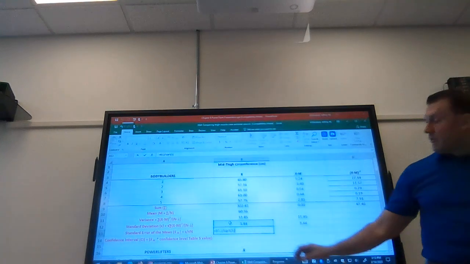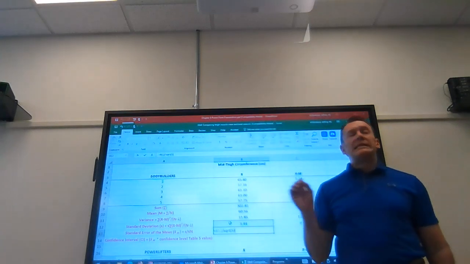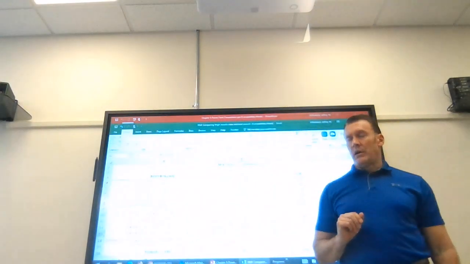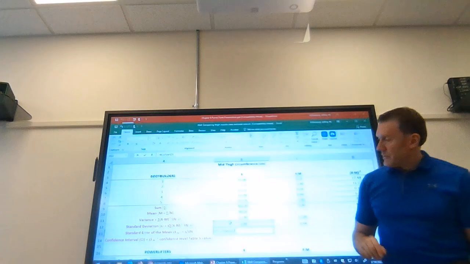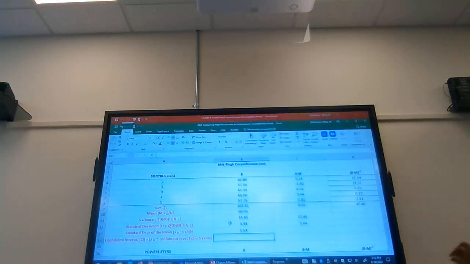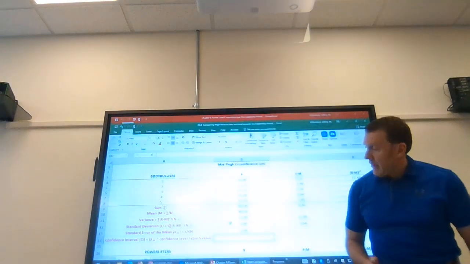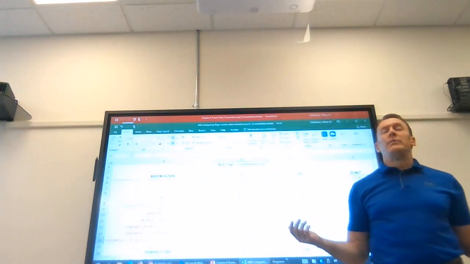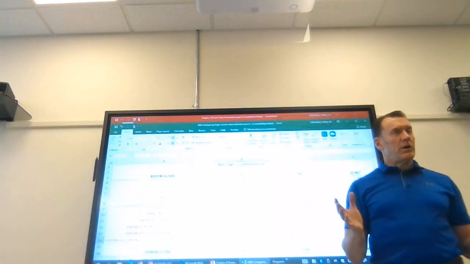So B12 divided by the square root of n. So n is how many people you have in your sample. So the standard deviation divided by the square root of 5 gives you 1.54 centimeters. So that means you'd have 1.54 centimeters difference between the sample and the larger population.